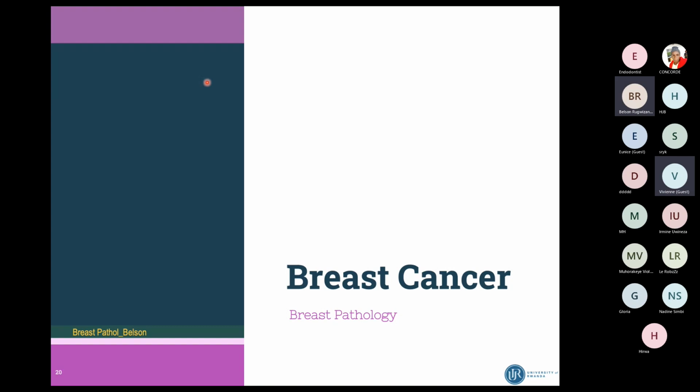So fibrocystic disease and Phyllodes tumor are hard to tell apart clinically unless histology can intervene. Even cytology will not help much. So histology is the one which is helpful. Any other questions?